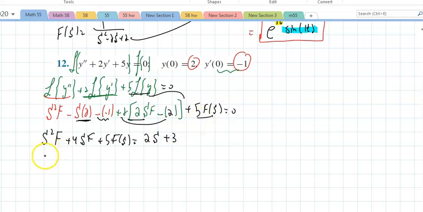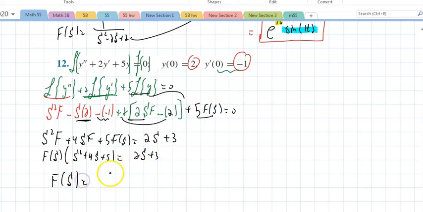And if I factor an F out of those, I'll have s squared plus 4s plus 5 equaling twice s plus 3. So F of s is actually 2s plus 3 over s squared plus 4s plus 5.